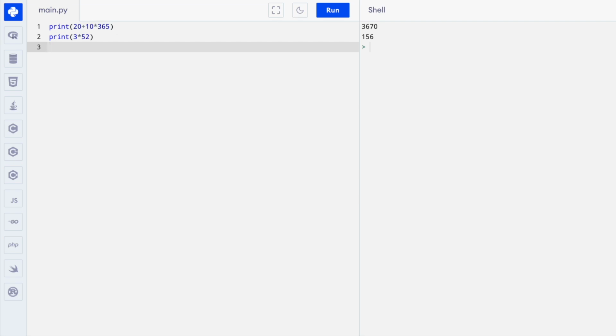And now what I want to do is subtract the 3 into 52 from the above print statement. Like this. Print 3670 minus 156 and we can get the answer 3514. And we want to write this code in a single line by re-entering this code.